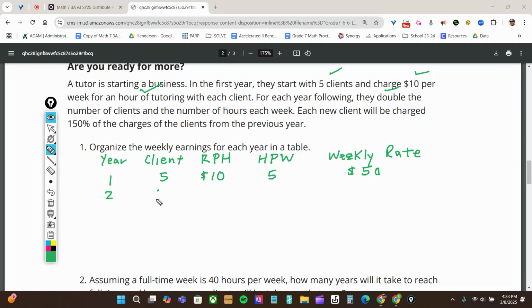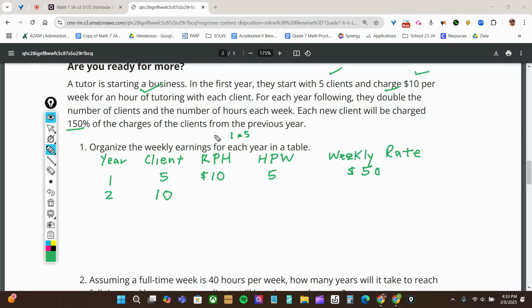Okay. Year 2, we got double the clients. So now we got 10. And we do 10 times 1.5 because it said 150%. So the 100% is the 100% and 0.5 is an extra 50%.